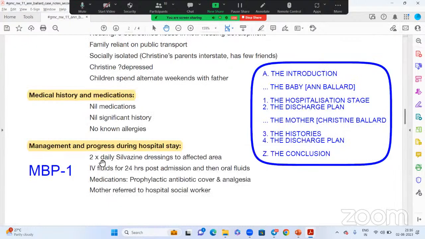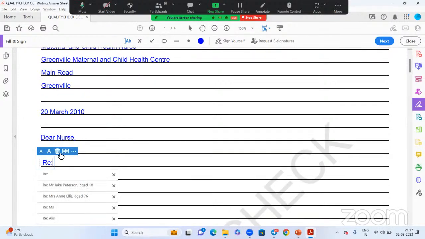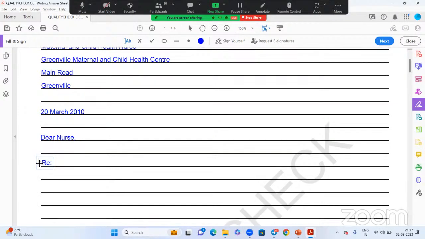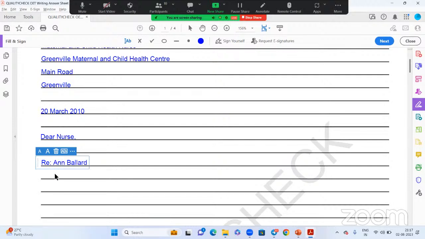The next, subject. So here you write regarding colon, then space. Then you write Anne Ballard. Okay, just write Anne Ballard. Finished.